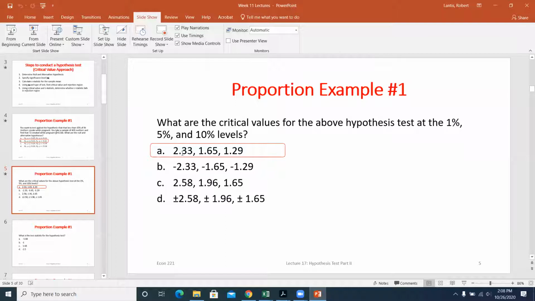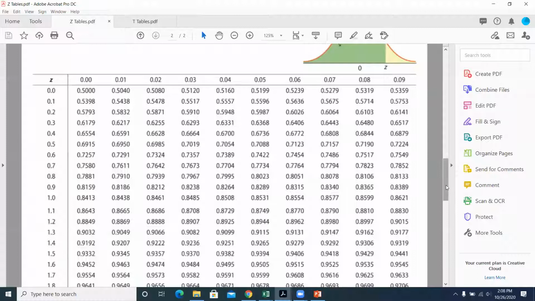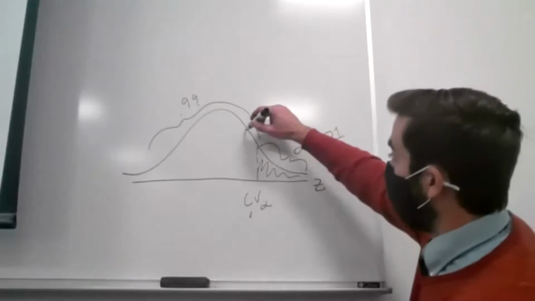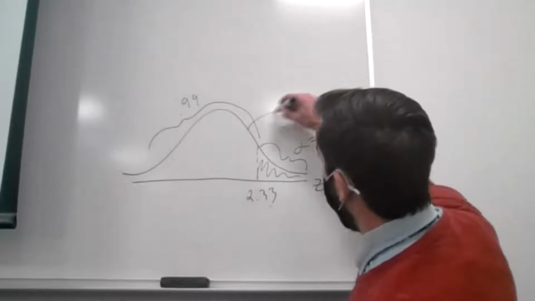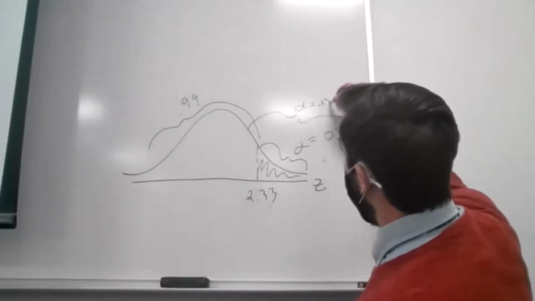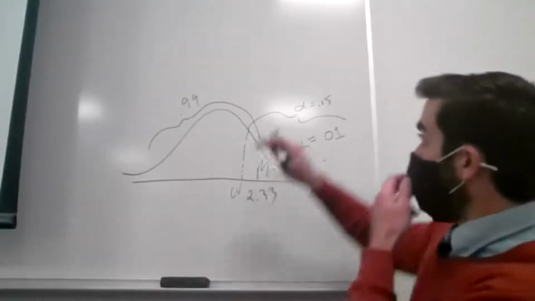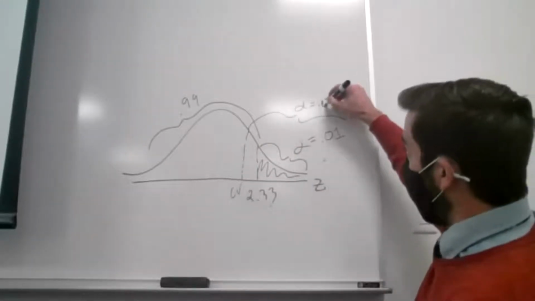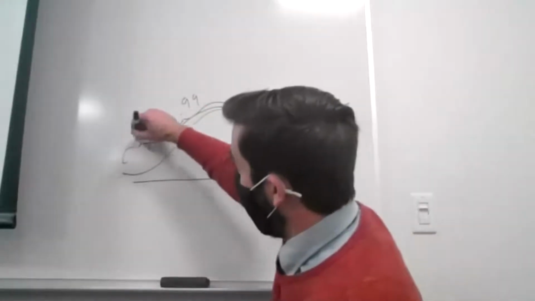I could do the exact same thing, look up the other two. If I wanted the 5% significance level, that's an alpha of 0.05. So I go to the table. I wouldn't look up 0.05, right? Because we just found this critical value was 2.33. If I instead wanted an alpha of 0.05, what critical value would give me that? Well, if I have 0.05 in the upper right tail, the area to the left of that would be 0.95.